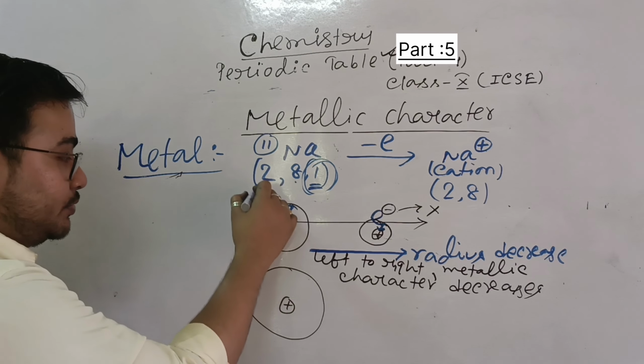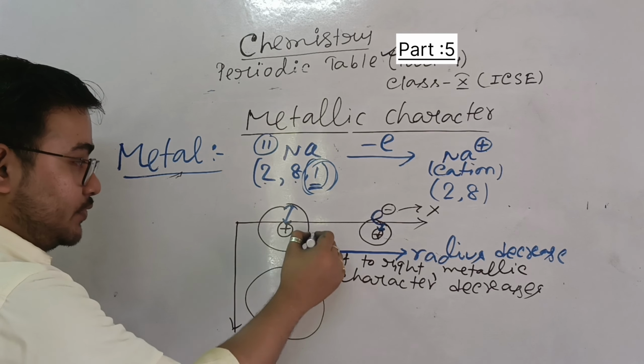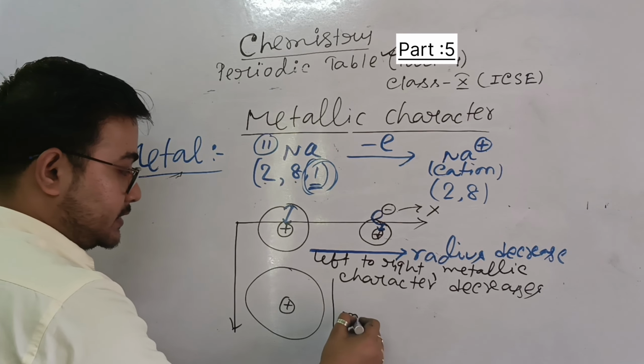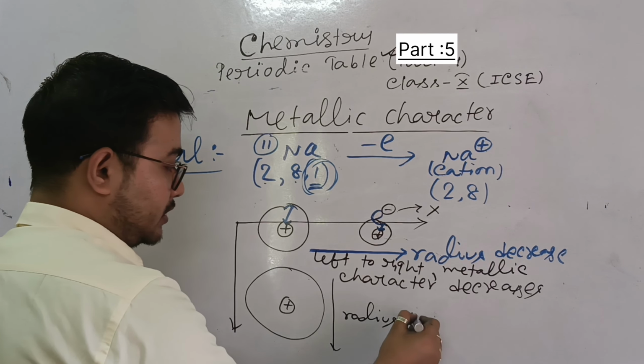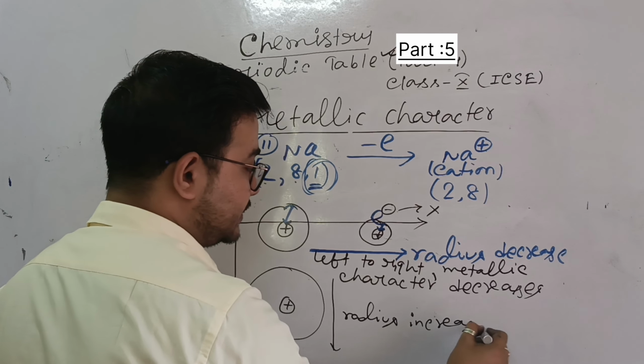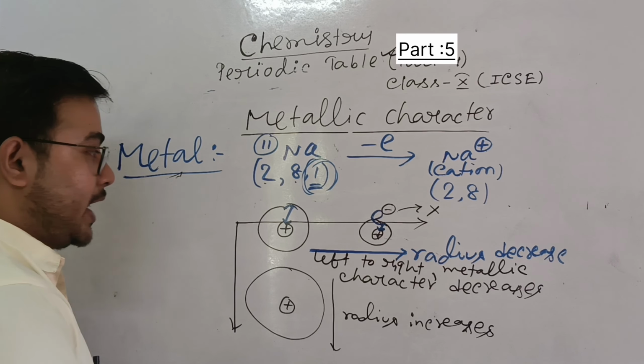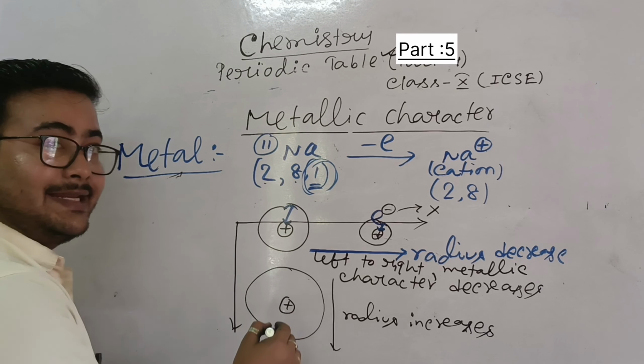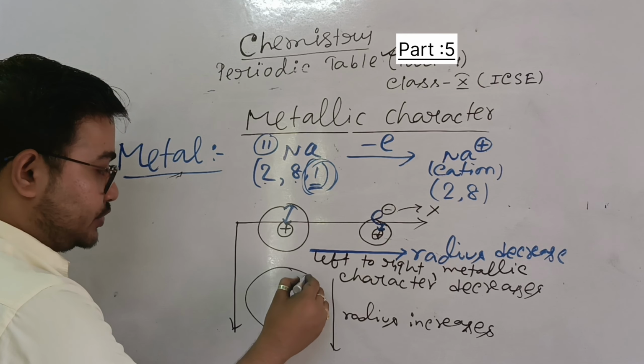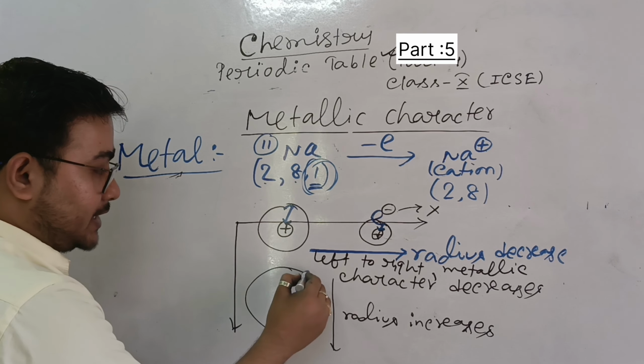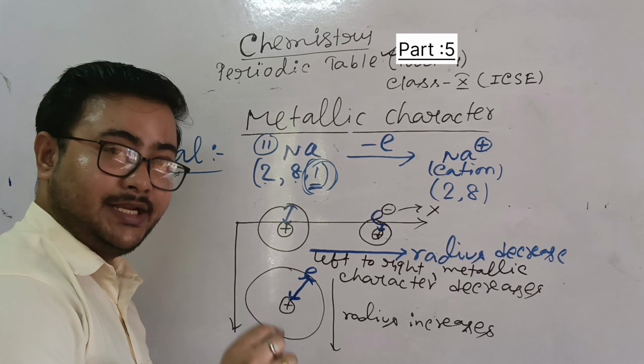Now tell me, as you move downwards, radius increases. Since the radius increases, the distance between the nucleus and the outermost electron increases.